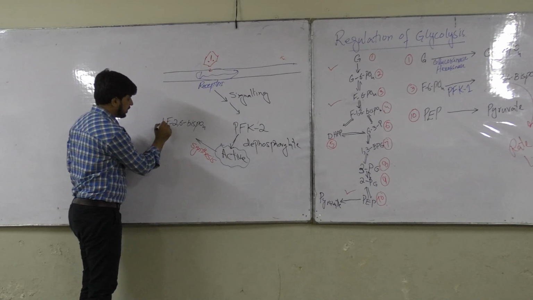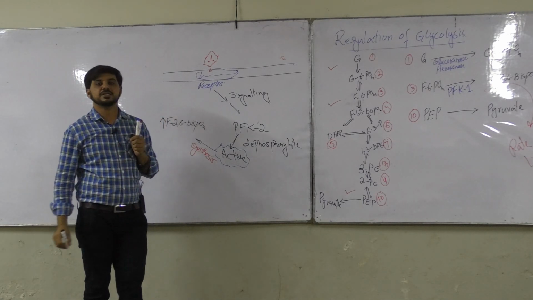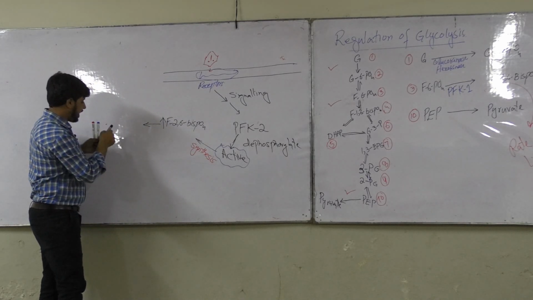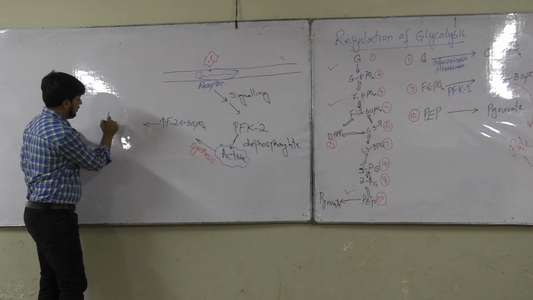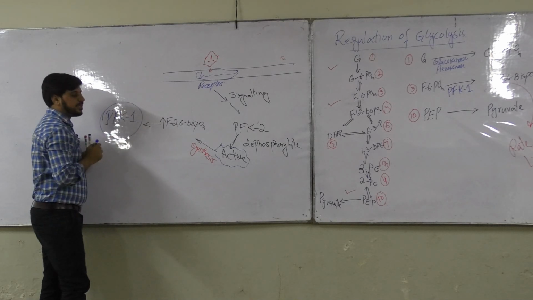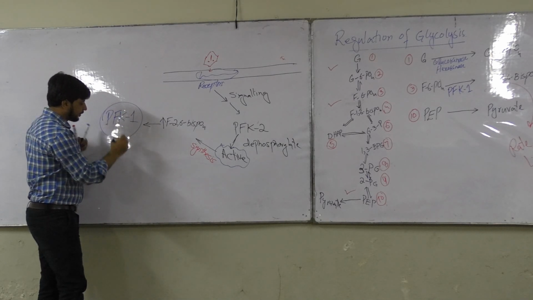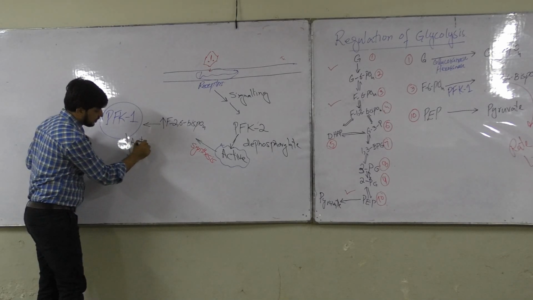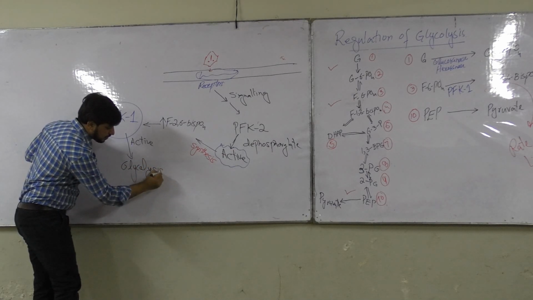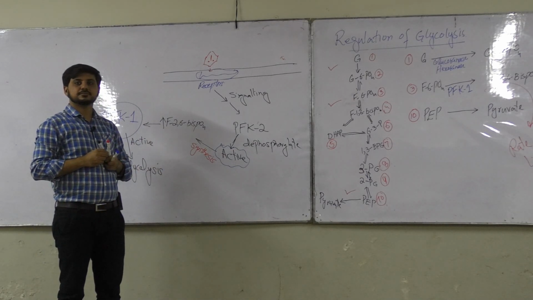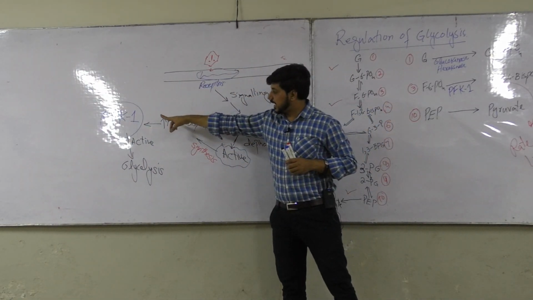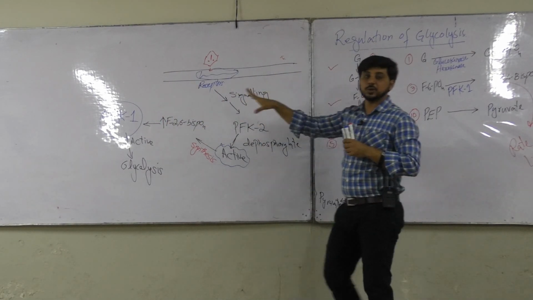As a result, the levels will rise, and these increased levels will activate our concerned enzyme, PFK1. When PFK1 is active, then we will have glycolysis. So this is the pathway through which the activity of PFK1 is regulated.